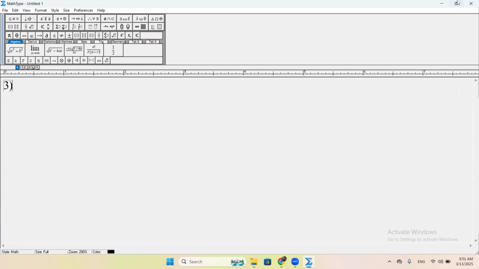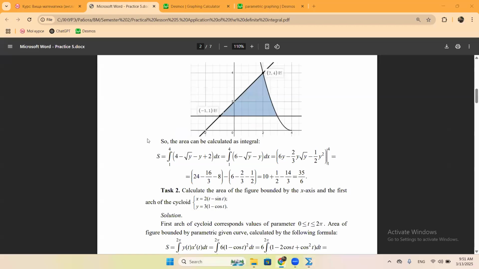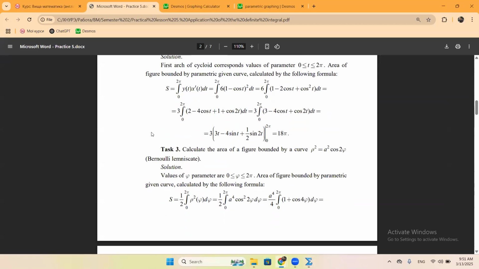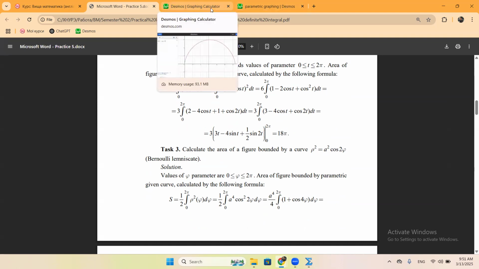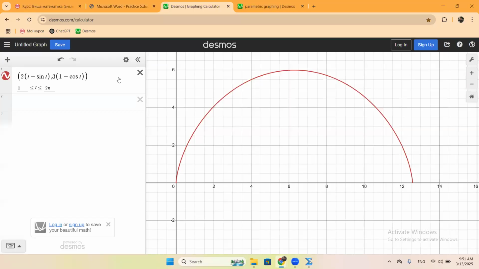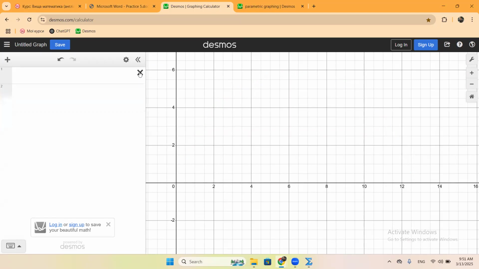This third exercise, and we will calculate the area bounded by such a curve, Bernoulli-Lemniscate. So this is the function given in polar coordinates. I guess you already know what polar coordinates mean.